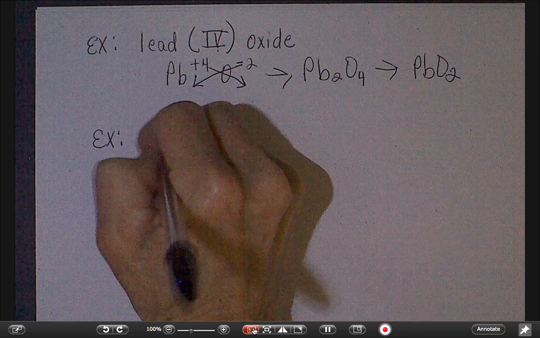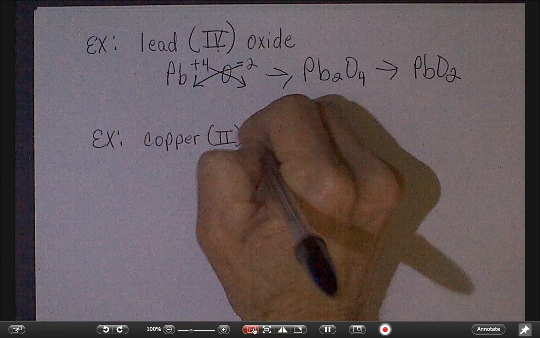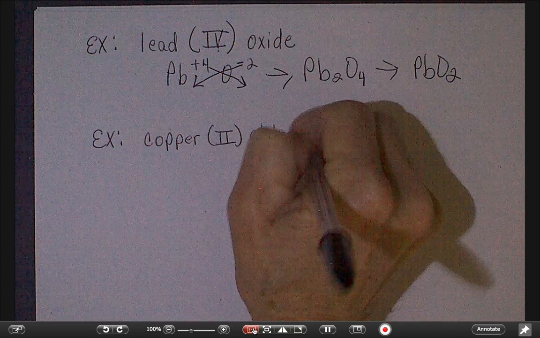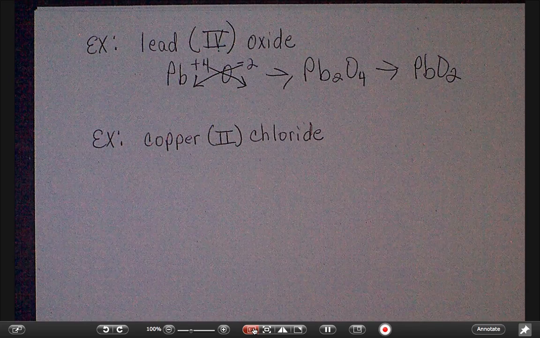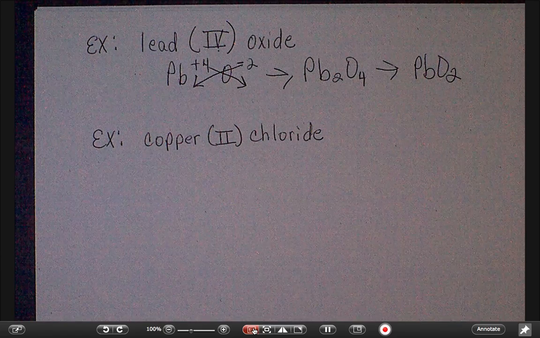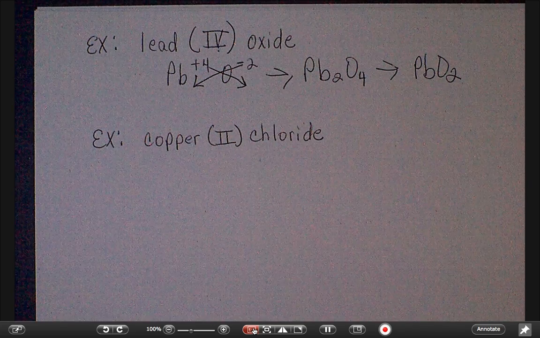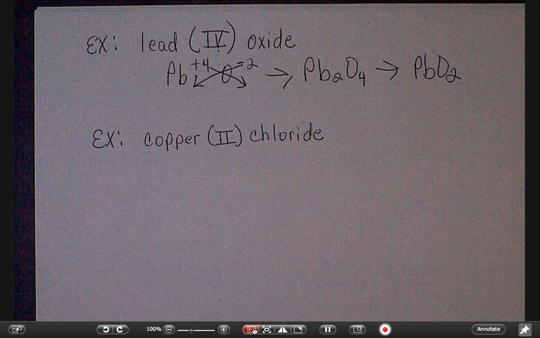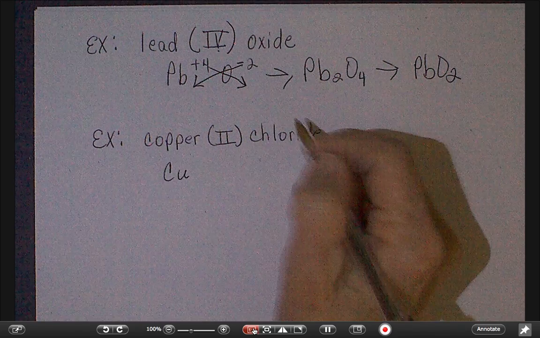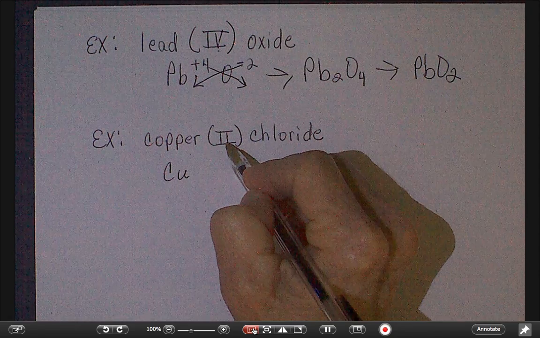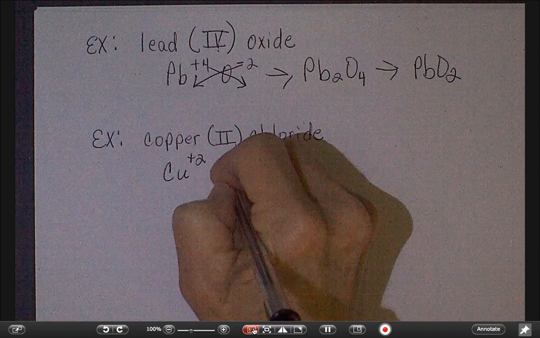Copper 2 chloride. Okay, if you look up on my periodic table, see the Cu, it's element 29. Okay, so Cu what? You got to talk in positive and negatives. Okay, chlorine is in group 7.